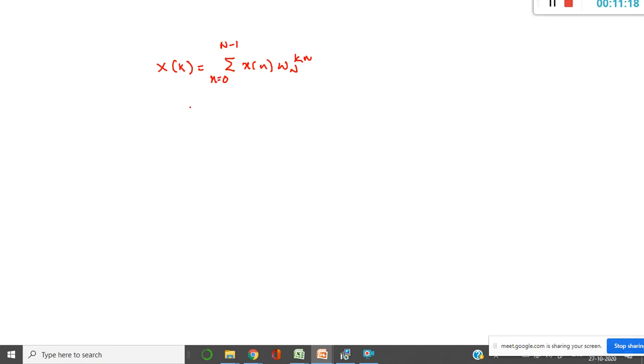So when you apply k equal to 0 here, this will be multiplied with x of 0 W_N to the power of k into 0, plus, and so on. Of course k is 0 here, but the n value keeps on changing from 0 to N minus 1, right?